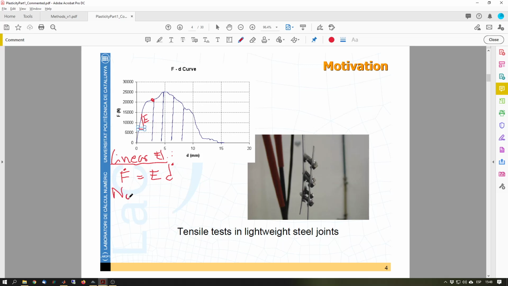So for nonlinear, we see that this is no longer true. An increment of load is not equal to an increment of displacement, because if we remove the load, we go back to that branch here.